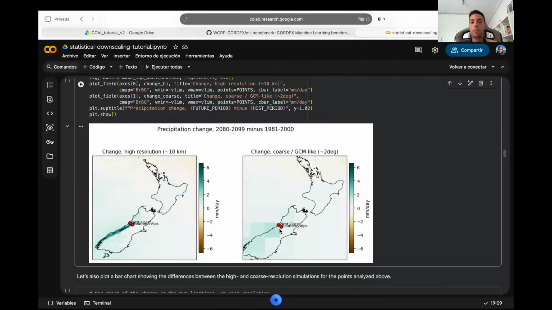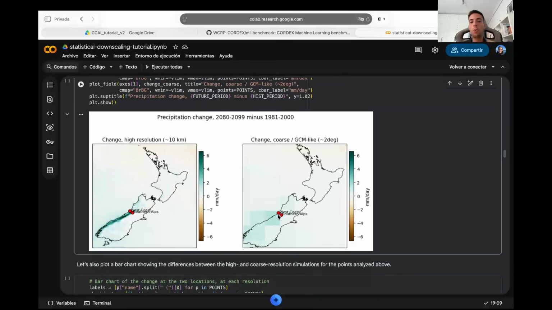For these 2 points we don't see differences, or the differences are not that large, in the climate change signal of precipitation. So in other words, how precipitation is going to change into the future in comparison with the present or a historical period. In this case, we can see how the GCM projects almost no difference between the 2 points.